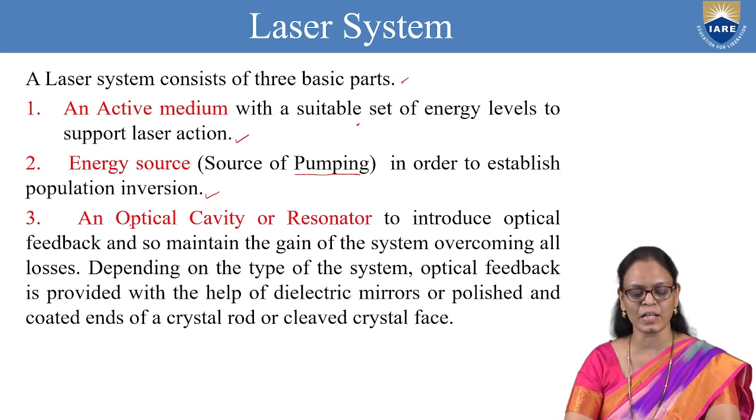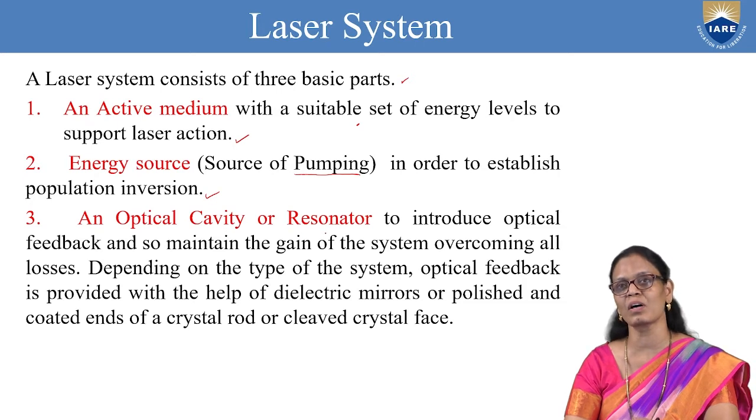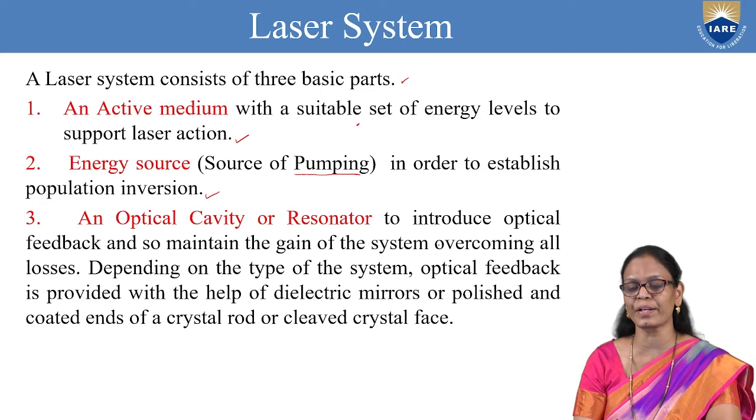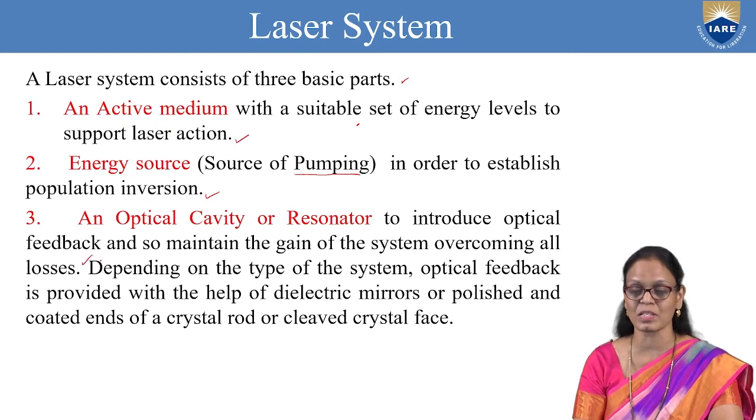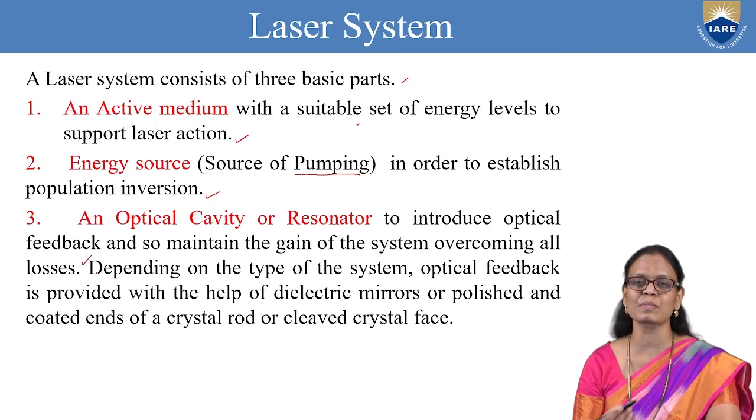And the third one is an optical cavity or a resonator. An optical cavity is required to introduce optical feedback so that we maintain the gain, overcoming all the losses. During the process of pumping, some amount of energy may be lost.